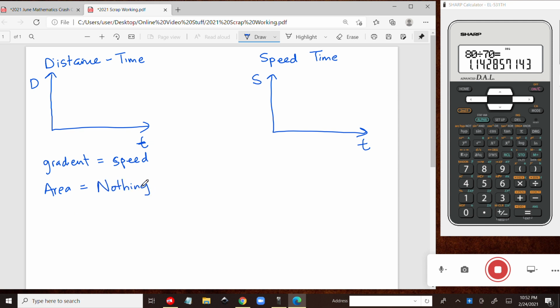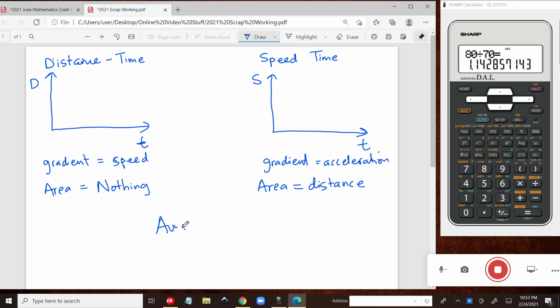Nothing of importance. In a speed time graph, the gradient will give us the acceleration, right? And the area in a speed time graph gives us something useful. It gives us the distance traveled by the object. And it doesn't matter which graph you use here.